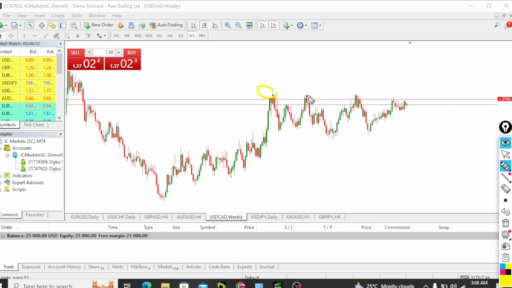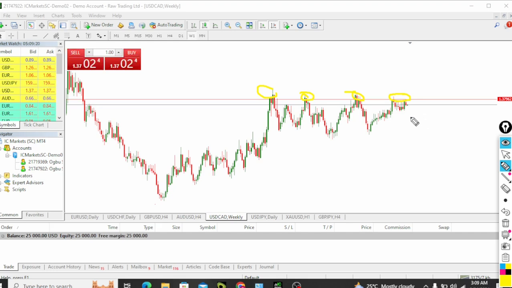This is resistance, this is another resistance, this is resistance. So what we can infer from this is that this pair is at a major resistance right now. If it's at a major resistance, what do you think will naturally occur? The pair is going to go down. There's no doubt about that, because it is right now on a major resistance arena. So make no mistake about that.